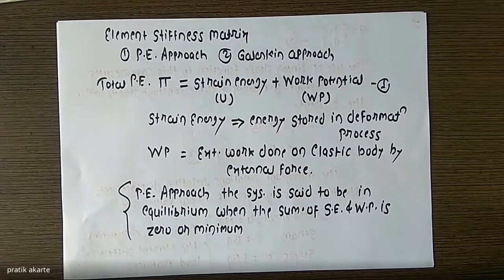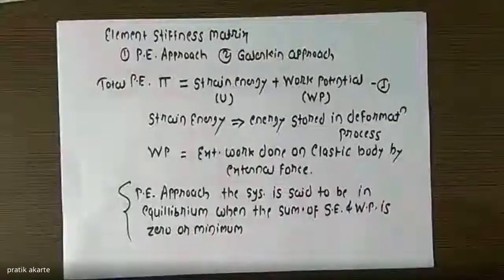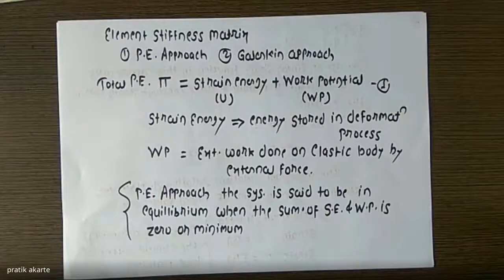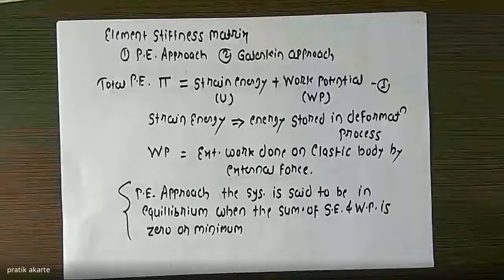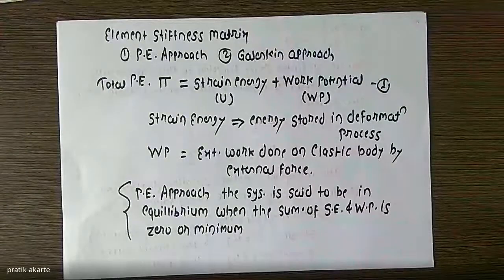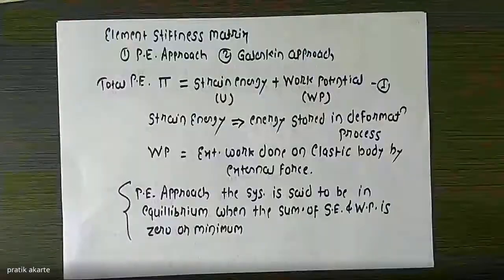According to the potential energy approach, the system is in equilibrium when the sum of strain energy and work potential is zero or minimum. This is the statement for the potential energy approach.